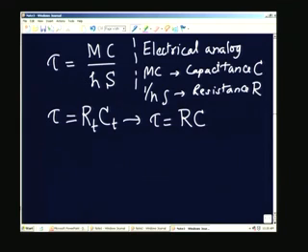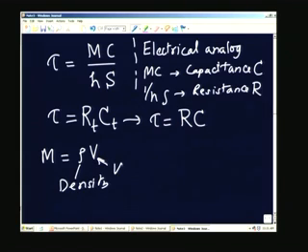And in fact, I can rewrite this mc by Hs slightly differently. m is also equal to rho times the volume of the sensor. So, rho is the density and V is the volume.